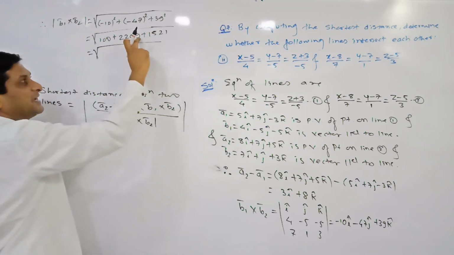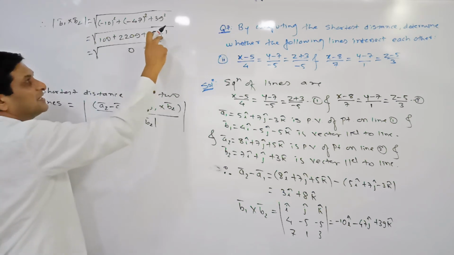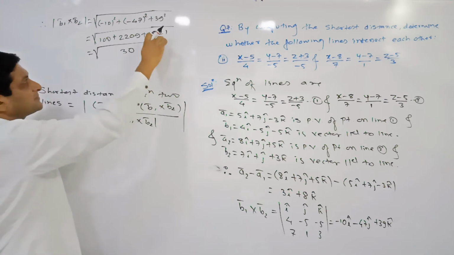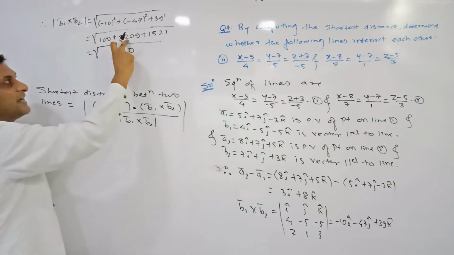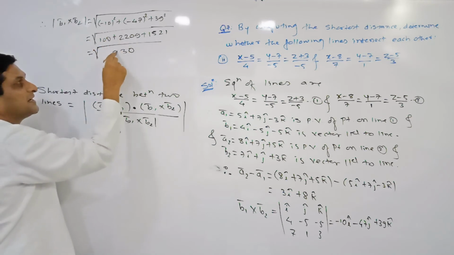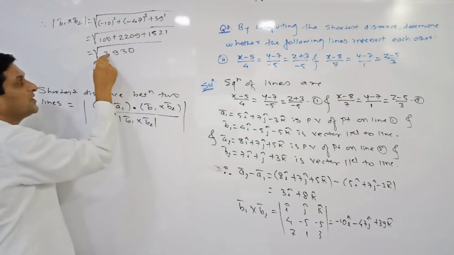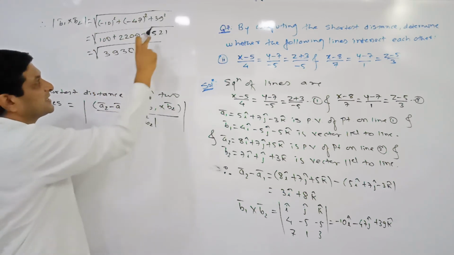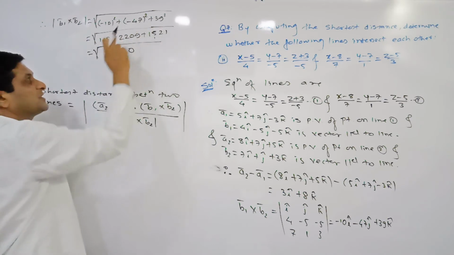So let us take their addition here. 1 plus 9 is 10, 0 carry 1. 3 plus 0 is 3. Let us check it once again. 1 plus 9 is 10, 0 carry 1. 5 plus 1 is 6. 6 plus 2 is 8.